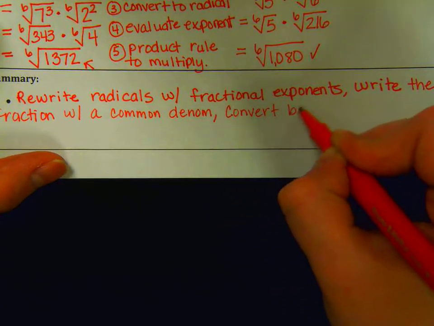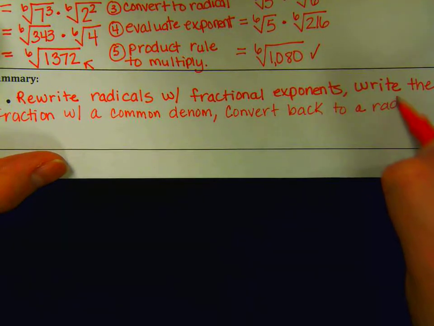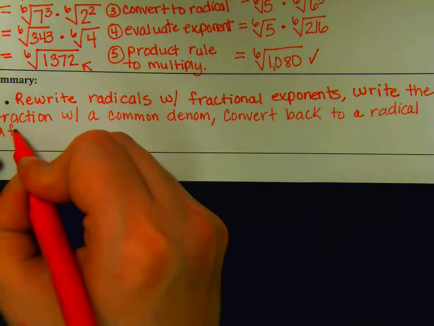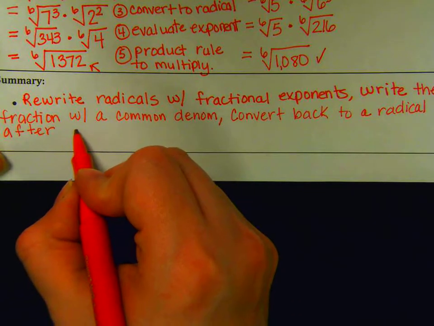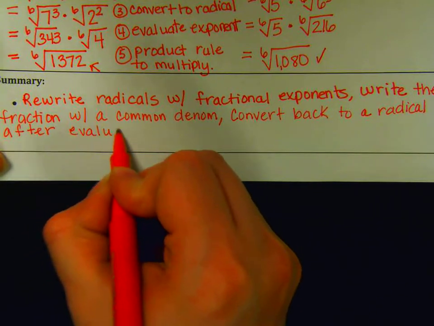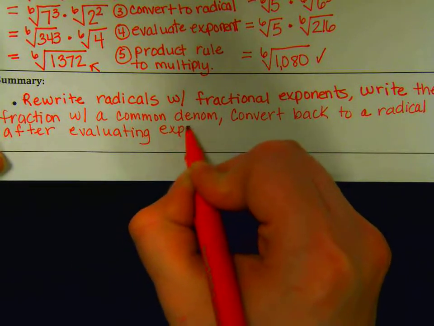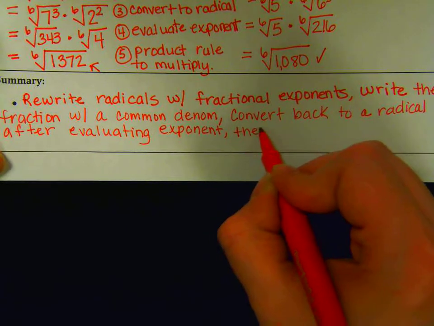Convert back to a radical after evaluating the exponent, so just put exponent. And then finally, you're multiplying.